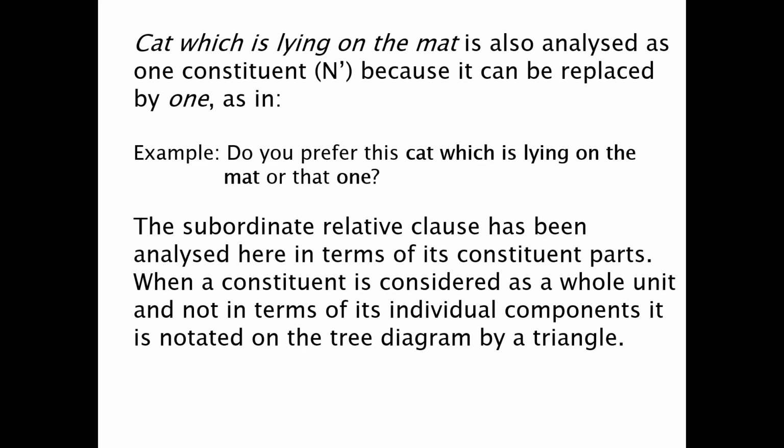Do you prefer this cat which is lying on the mat, or that one? Because you don't want to repeat. Do you like the red car or that one? Do you like that girl or that one? Etc. So you can say, do you like that girl who is sitting next to the window? Do you like the girl sitting next to the window?